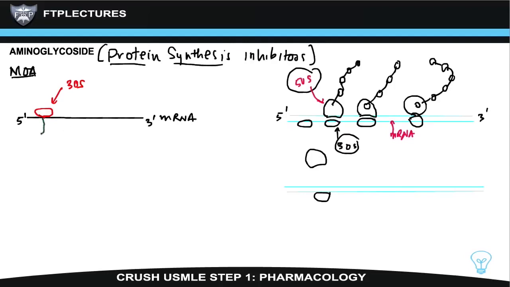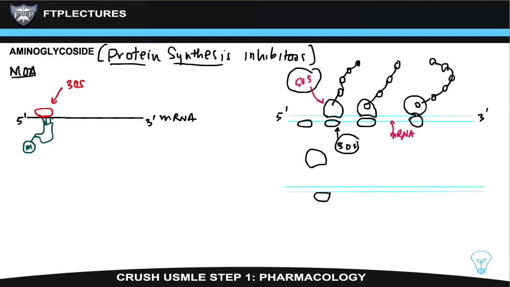So let's try to draw a transfer RNA, okay? And at the bottom, it has some codons that are going to try to align and match with it, okay? And that codon will carry a messenger RNA. Let's call it methionine. You choose the first one. So it sits right there.